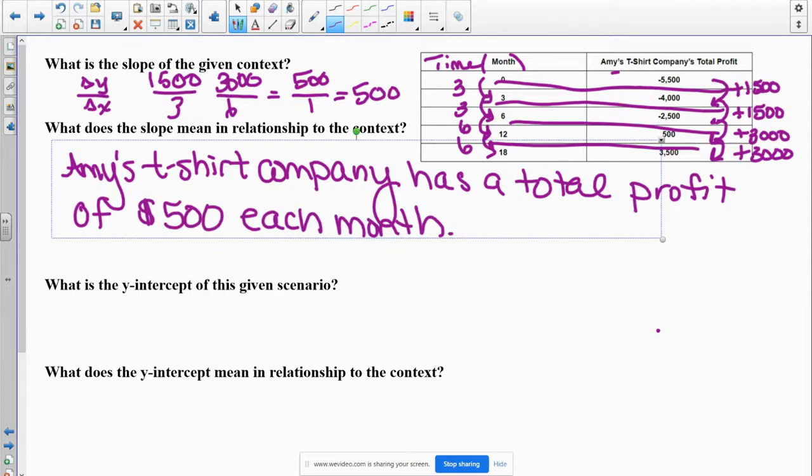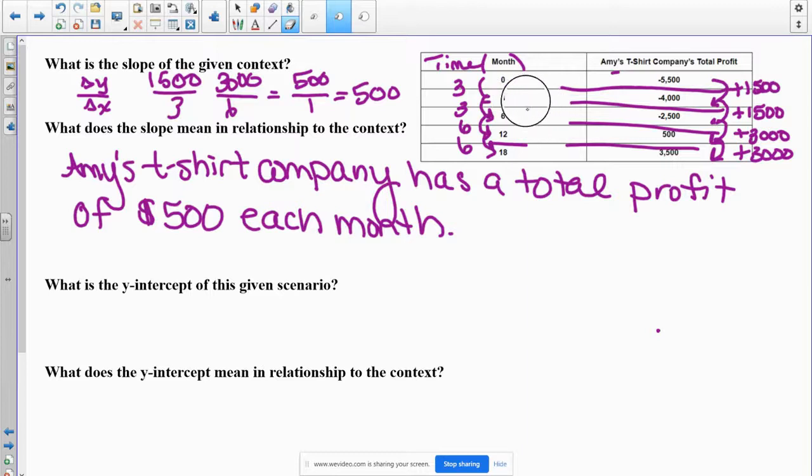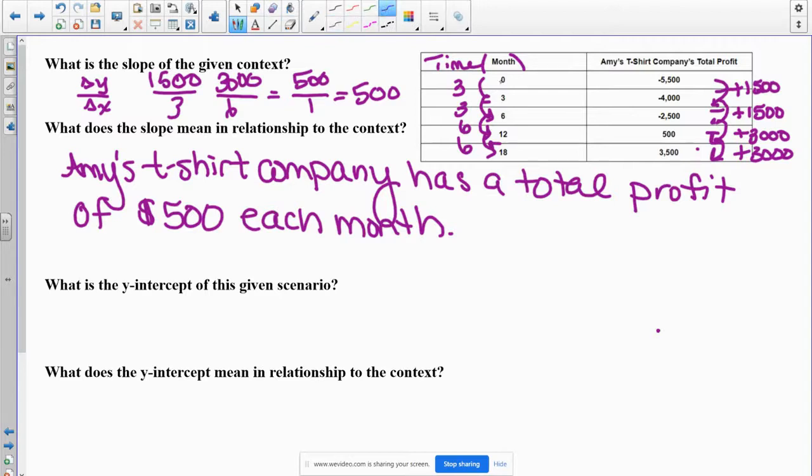Okay, y-intercept, that one's right there in front of us, so we can kind of see that. Okay, so remember, the y-intercept is where x is 0. So x is 0 here at 0 months, and it says it's negative 5,500.